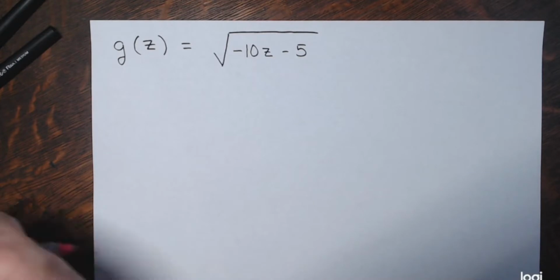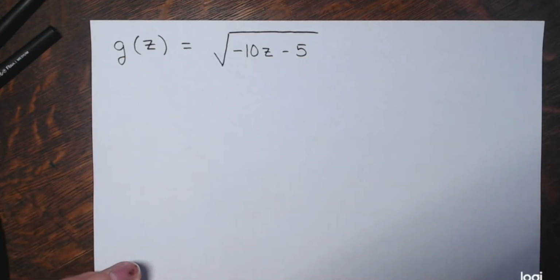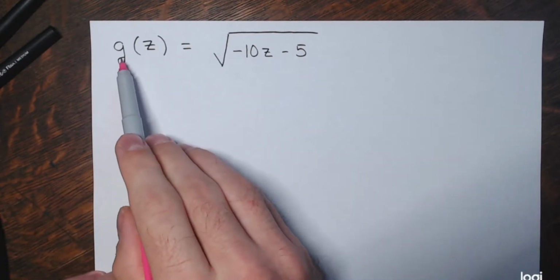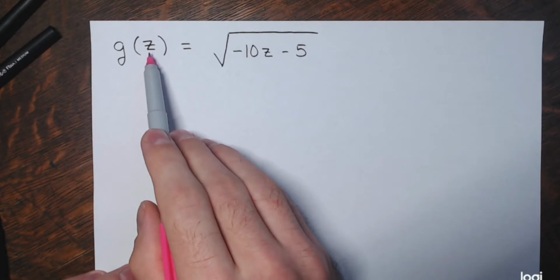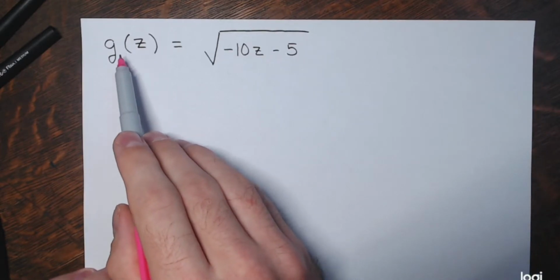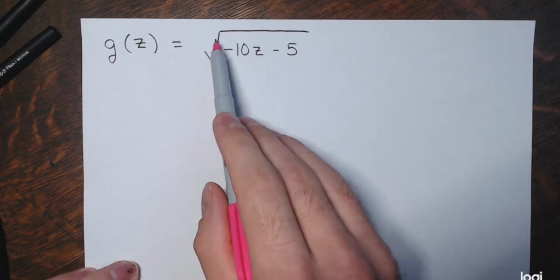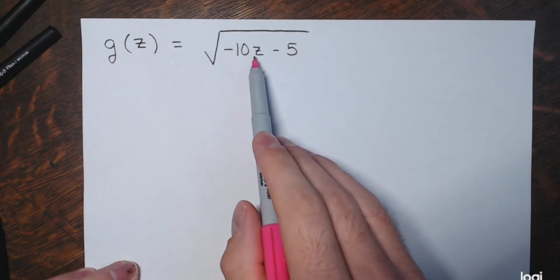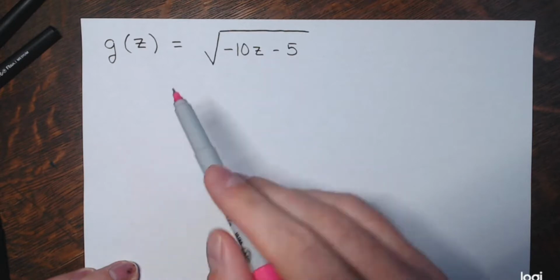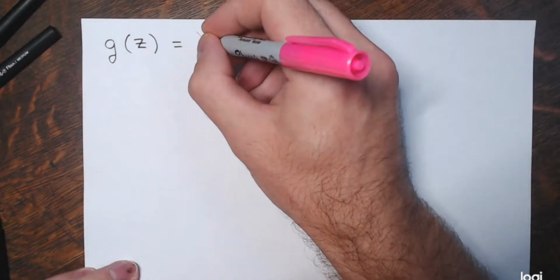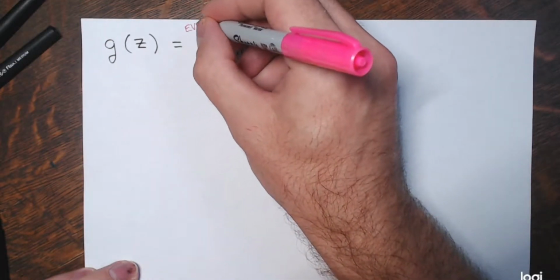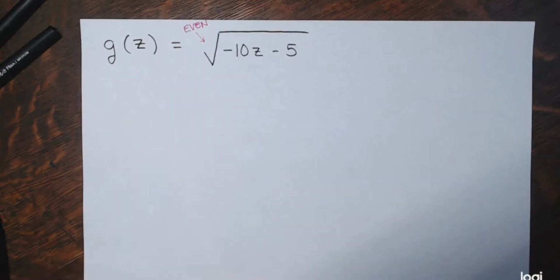All right, so once again, we have this function called g. The input variable is called z, and the output is g of z, and it's calculated this way, the square root of -10z minus 5. Once again, we have an even root. It is a square root. The index is 2.